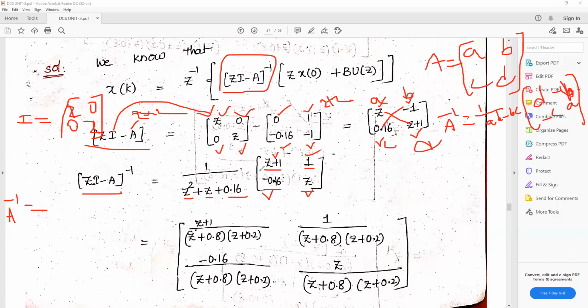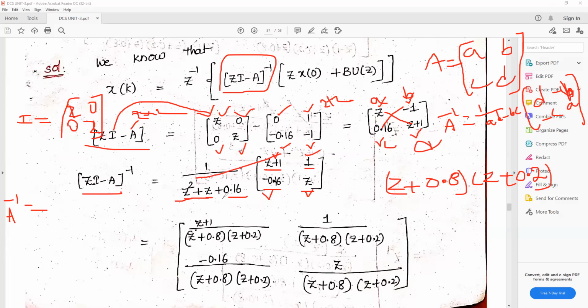So the first term is z plus 1 by z square plus z plus 0.16. Find the roots: z plus 0.8 into z plus 0.2.